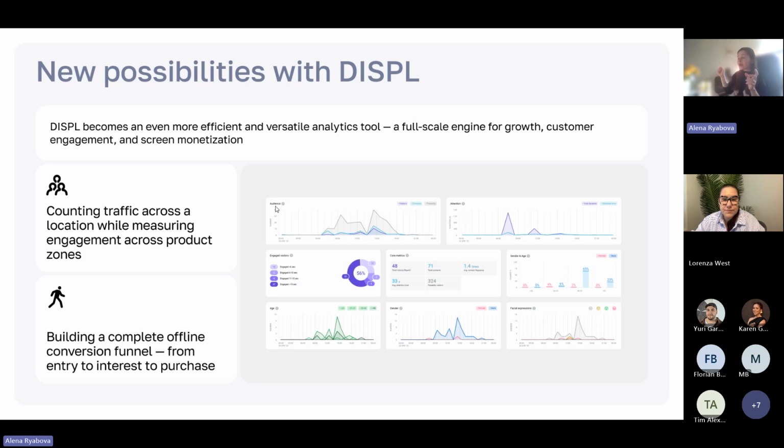Then we can see that, for example, 40% of these people came closer to our brand zone or our sampling zone or whatever product zone in the store, because we recognize their face and we see that they're looking at the product, they are interested in the product, they spend, for example, a minute and a half there.